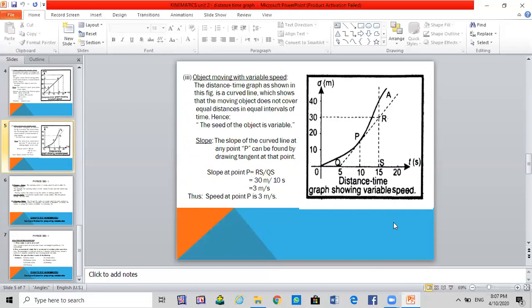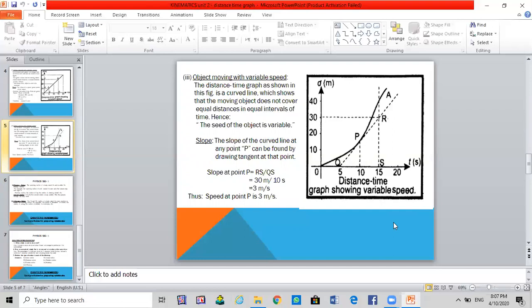Slope: the slope of the curved line at any point P can be found by drawing a tangent at that point. So let's select a point P on the curved path and draw a dotted line QA which touches the graph at point P. This will act as the tangent. The slope at point P is equal to RS divided by QS.